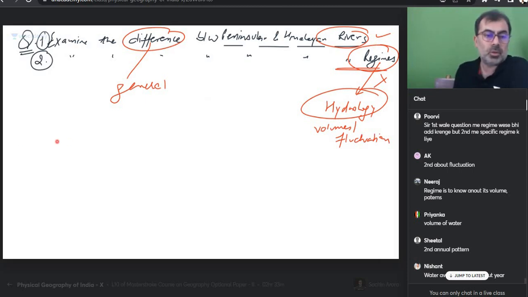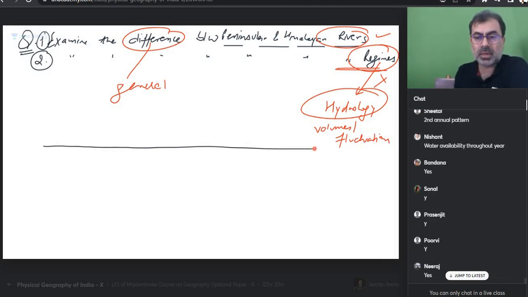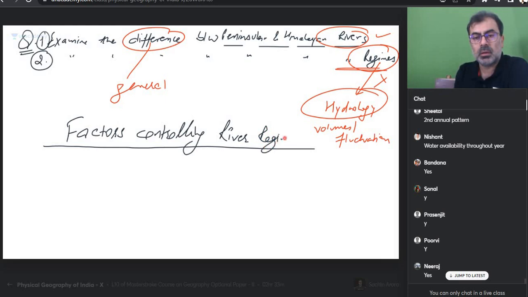So the topic which I have for you is factors controlling river regimes. Again telling you, I told you last class also. January, February, March, April, May, June, July, August, September, October, November, December. How much is the volume of water?